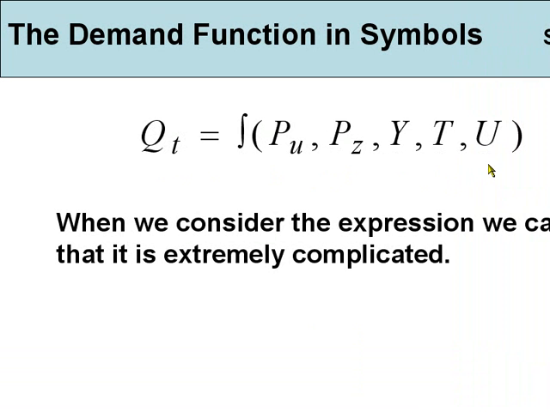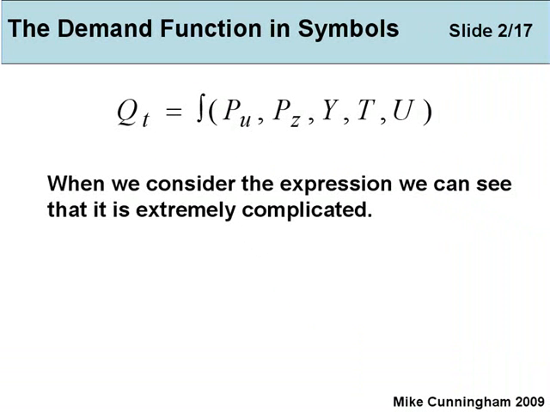So when we consider the expression, we can see it's extremely complicated. There are many variables in there, and if it was a mathematical expression, it would be very difficult to solve. As it is, it's more a verbal expression. We're just using these symbols as shorthand.